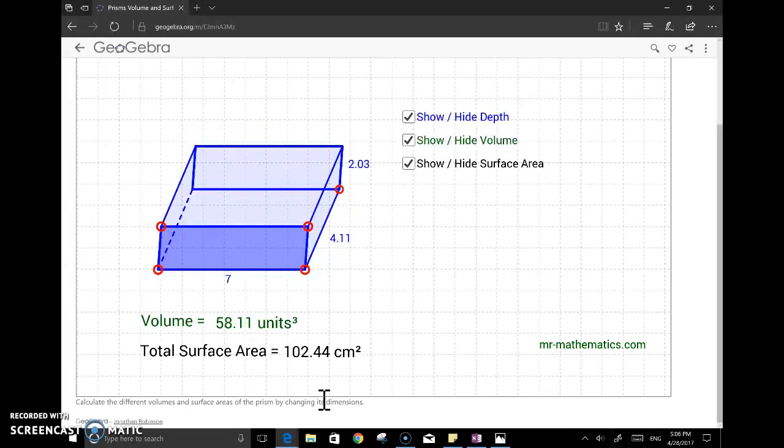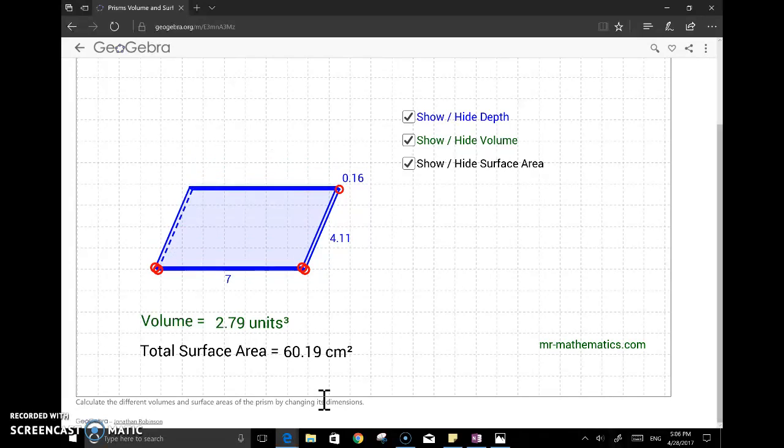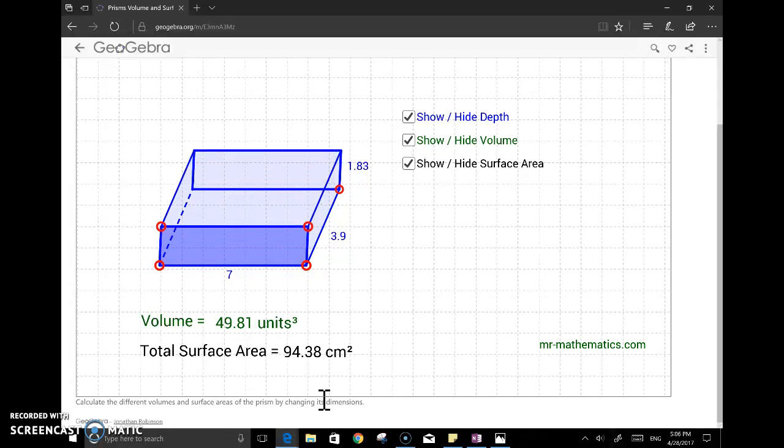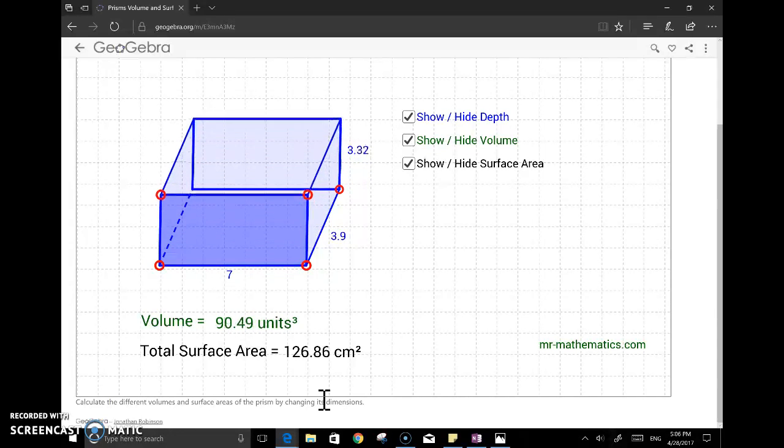If I lower this down and make it real flat, like a pancake, as much as I can, you'll notice that this looks like a sheet of paper now, or like a two-dimensional object. The volume is almost nothing, and the surface area is a lot lower than it was before. If I were to raise it up, though, the volume increases rapidly, and this looks more and more like a box.